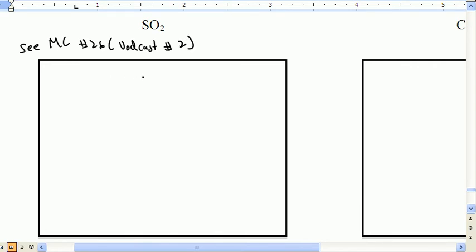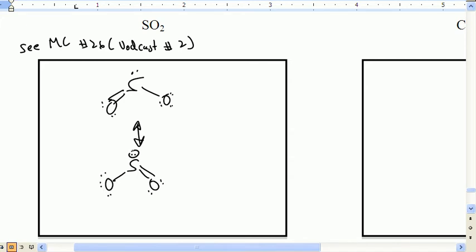So you're going to end up with a real structure that looks like this. And because you could have made the double bond in any location, resonance is going to exist. And because there are a lot of people who missed the O3 problem, let me just emphasize that the bond is diluted across both. You can think about it that way.